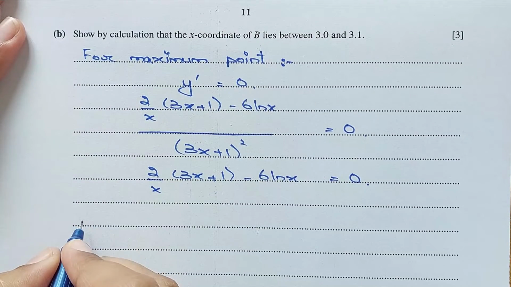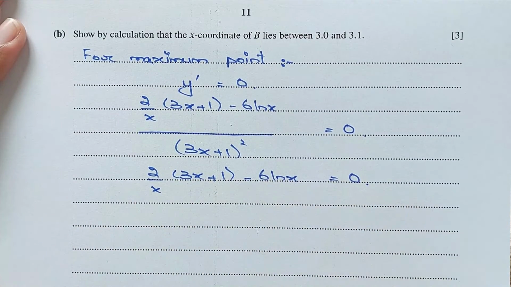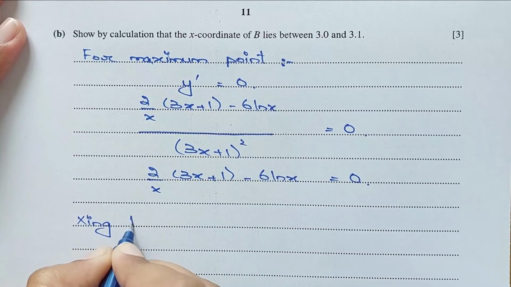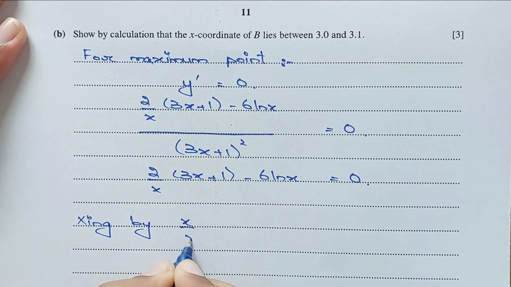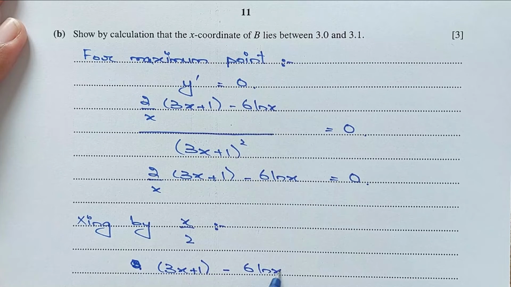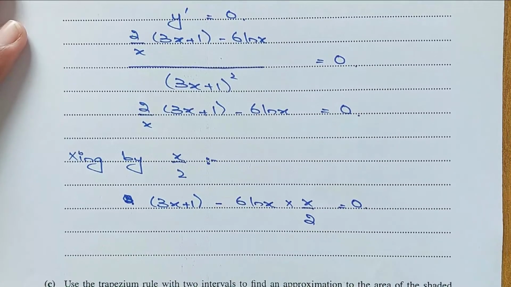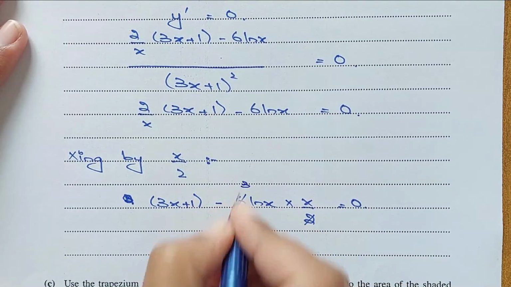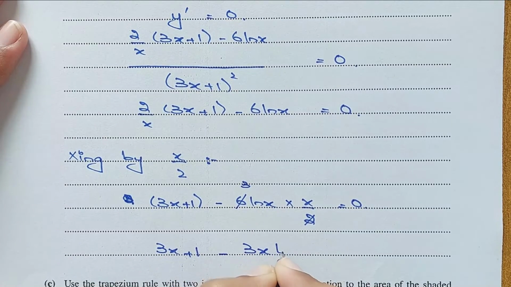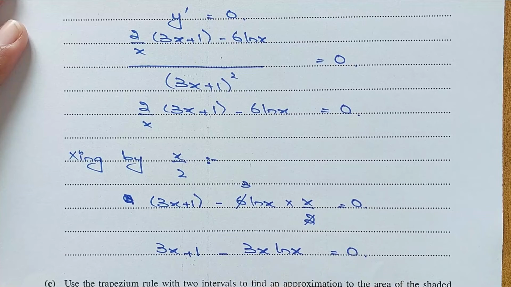So here 2 over x times (3x + 1) minus 6 ln x equals 0, right? Let me multiply all the terms of both sides by x by 2. We are left with 3x + 1 minus 6 ln x times x by 2 equals 0. So 2 times 3 is 6, and we have 3x + 1 minus 3x ln x equals 0.